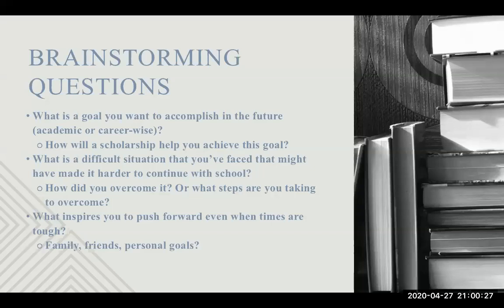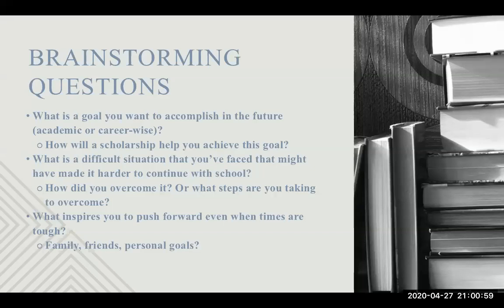But with that being said, there are some questions that you can think about that can be applied to most prompts. The first one is, what is a goal you want to accomplish in the future, academic or career-wise? How will the scholarship help you achieve this goal? A lot of scholarship essays want you to think about, what are your big academic or career goals, or what are you working towards?